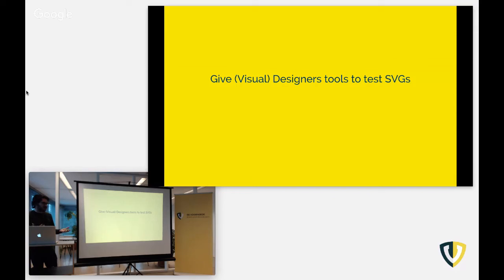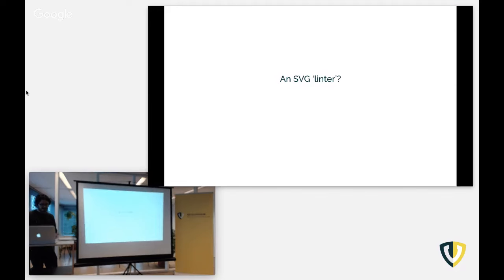If we get the assets and then have to check if they work, then explain that they've done it in a way that we didn't really expect, it takes a lot of time, so maybe we need an SVG linter. And I think that's the way I should move that overview forward.